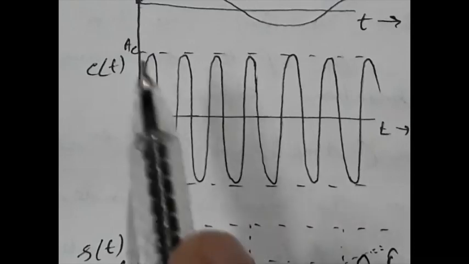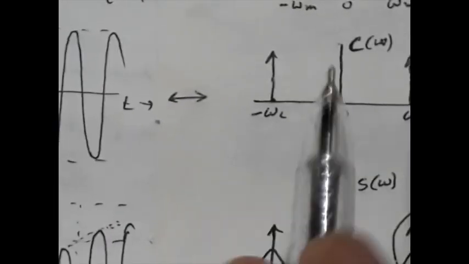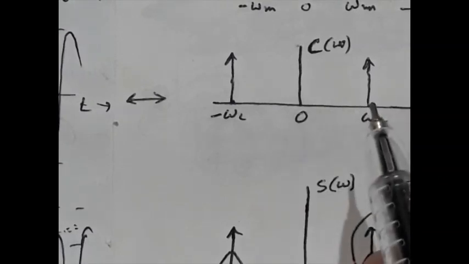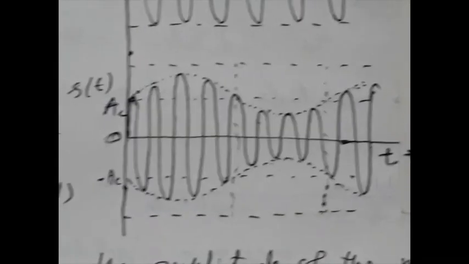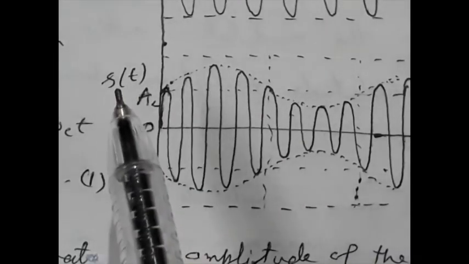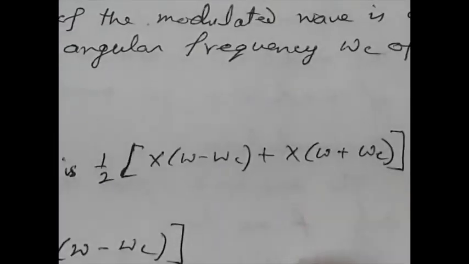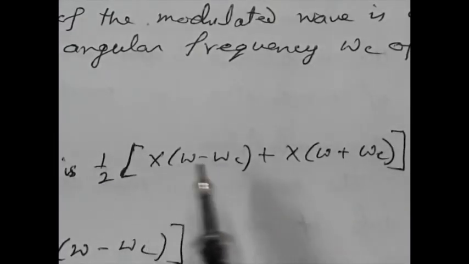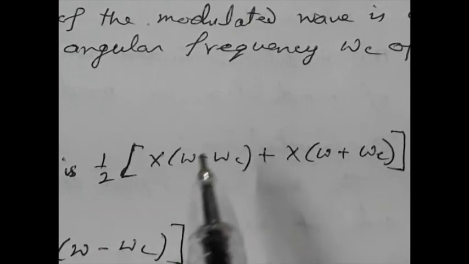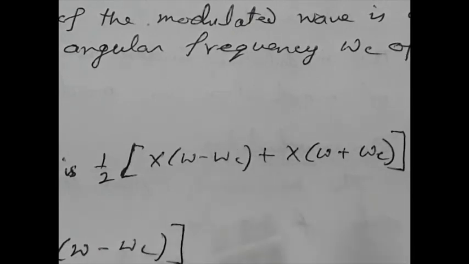For the carrier, since it's a cosine function, the corresponding spectrum will have two spikes at frequency plus ωc and minus ωc. So for s(t), the amplitude modulated signal, the spectrum will be the combination of X(ω) shifted by ωc.